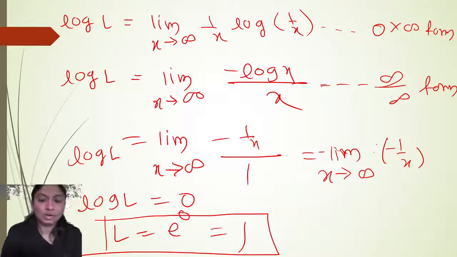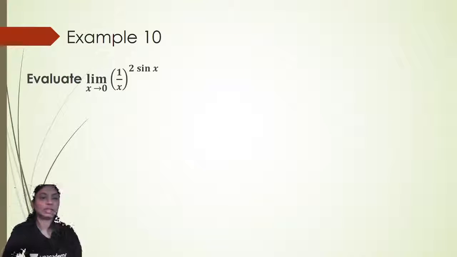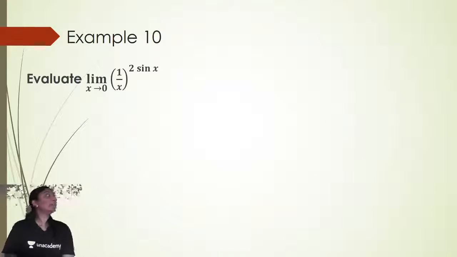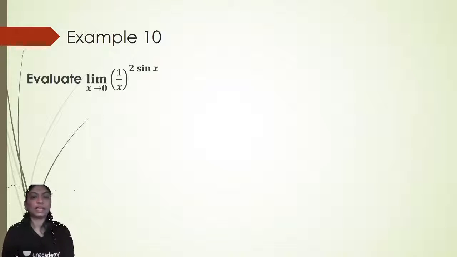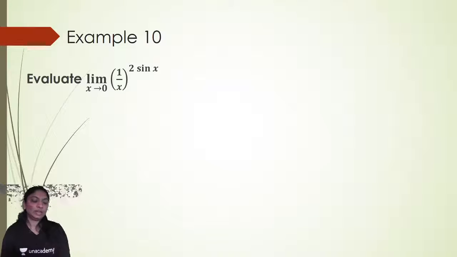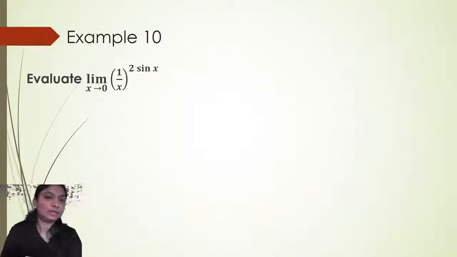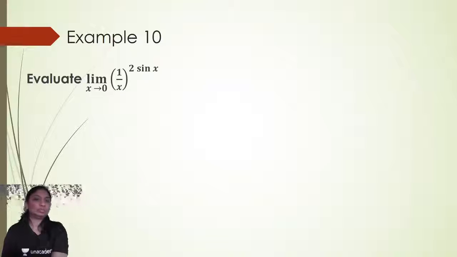Okay. Now next, see the example. Evaluate limit as x tends to 0, (1 upon x) raised to 2 sin x. So you will get (1 upon x) raised to 2 sin x. Put limit as x tends to 0.